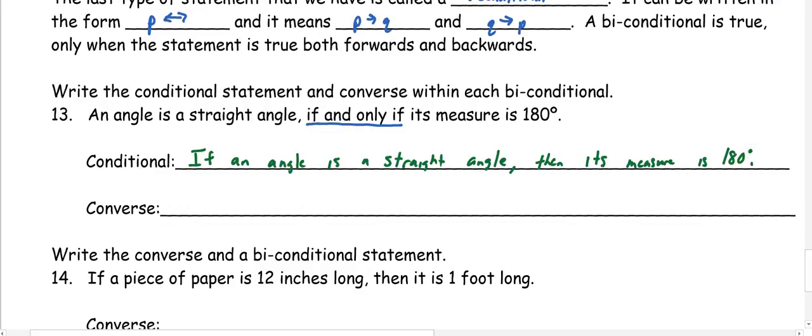For our converse, we're going to flip the order. So then we would have if an angle measures 180 degrees, then it is a straight angle.